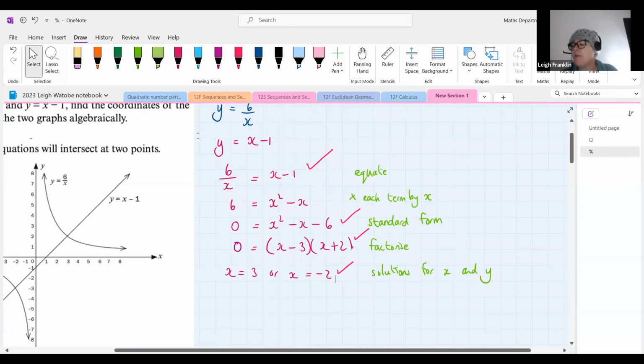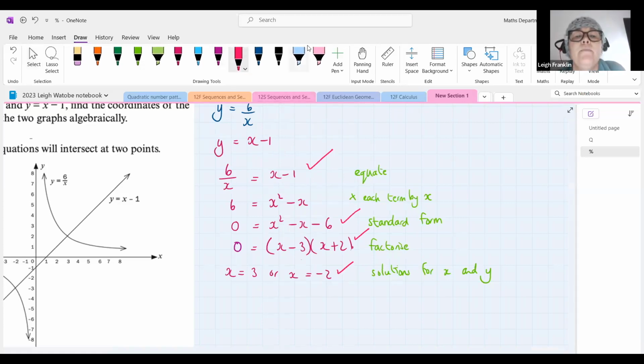Normally in paper 1, there would only be 1 penalty mark somewhere on the paper for not writing things as coordinates, but we don't want to get penalized. In this one it doesn't matter because you can sub into either equation to get your answer for y. Let's use the linear one. y equals 3 minus 1, which gives 2.